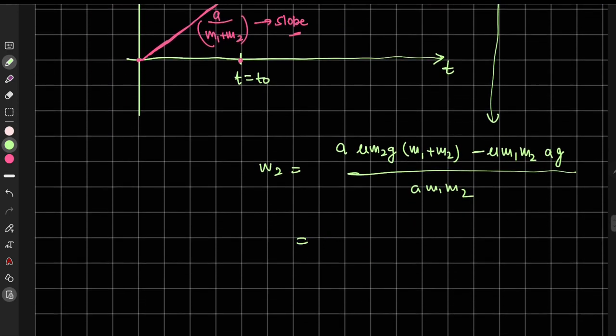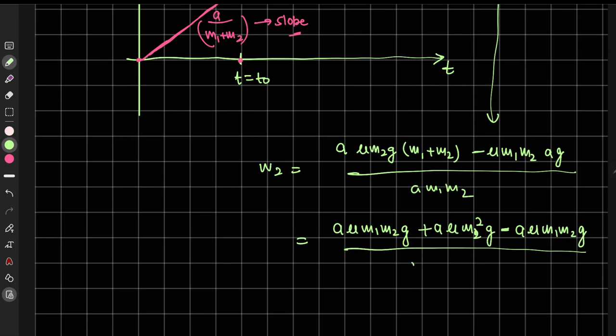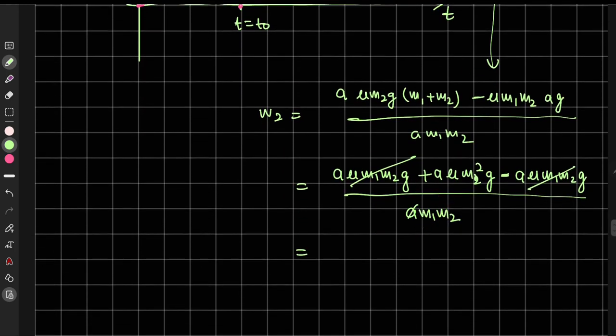So from here we can get a times mu m1 m2g plus a times mu m2 square into g minus a times mu m1 m2 into g, whole divided by a times m1 m2. Okay, so this particular thing will get cancelled, a will get cancelled, m2 will get cancelled. So from here we will get mu m2g whole divided by m1. This is the acceleration at t is equal to t naught.